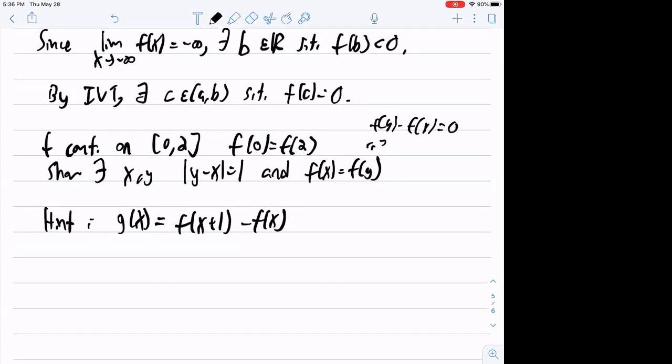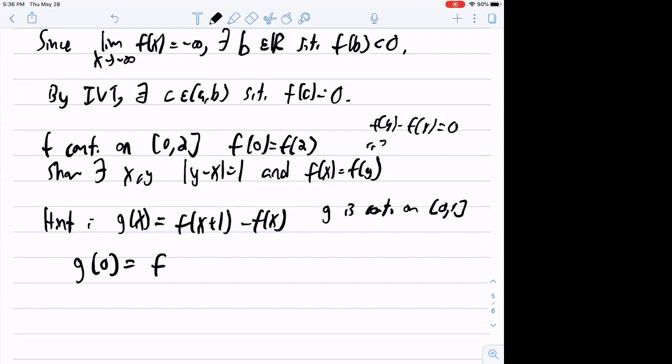So obviously you don't have many choices here because we don't even know what the function is. So one thing we can do is just plug in points, right? So g of 0 is what? So note g is continuous on [0, 1], right? Because f is continuous on [0, 2].